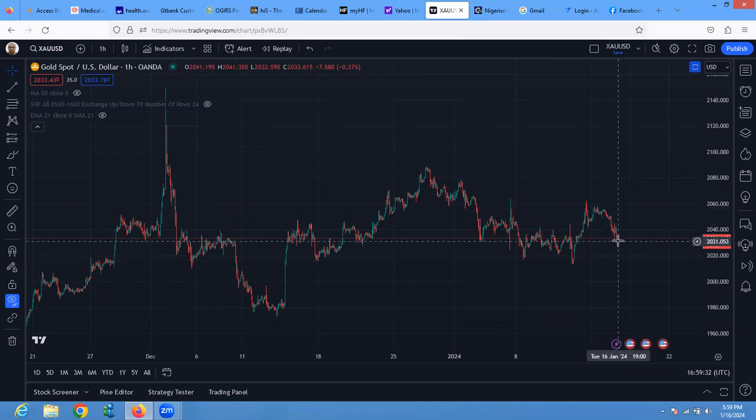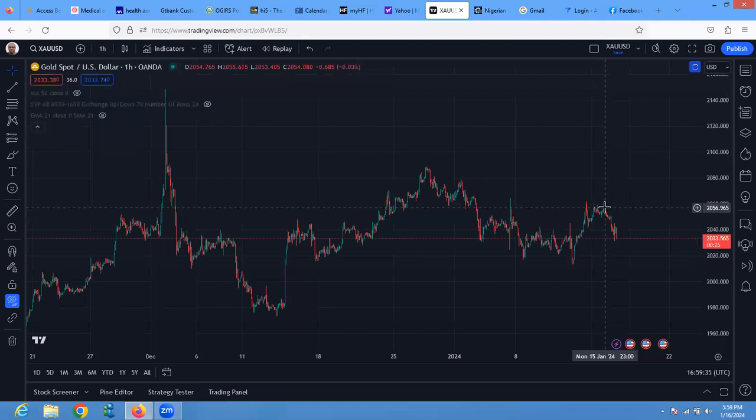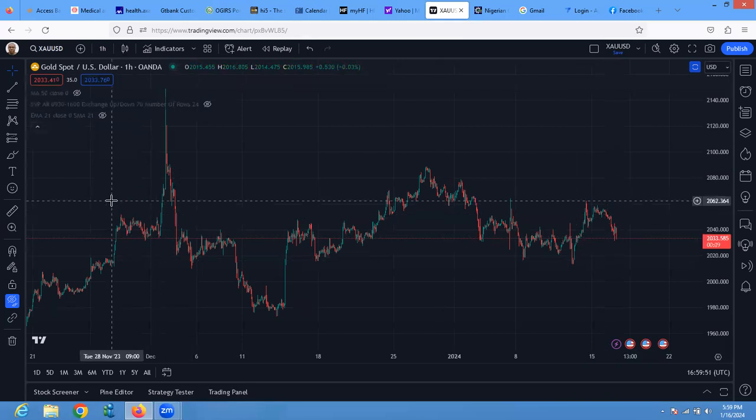If we had remained there, price had touched our take profit level of 2037. That was what I gave, and we should have bagged in at least about how many pips? Let me see.